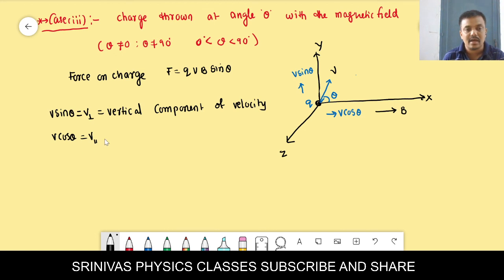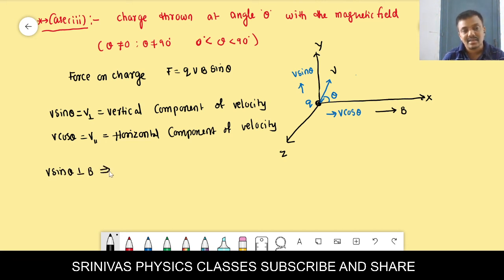And v cos theta I will write as v parallel. This is the horizontal component of velocity, sorry, not magnetic field. Horizontal means along the x-axis. Here you see that v sin theta is the component perpendicular to the magnetic field. Is it correct? v sin theta is along the y-axis, and the magnetic field is along the x-axis. This is resolution of a vector into components, from the motion in a plane chapter.